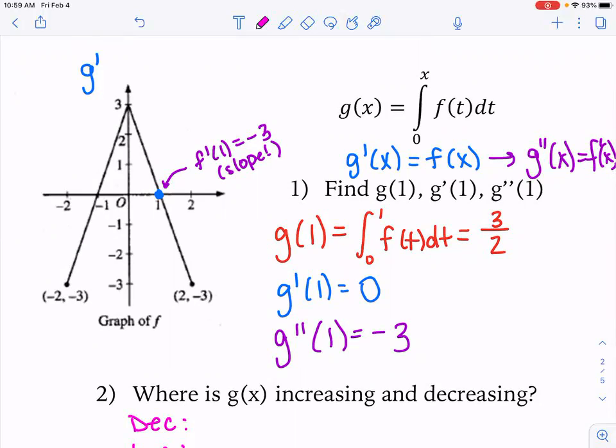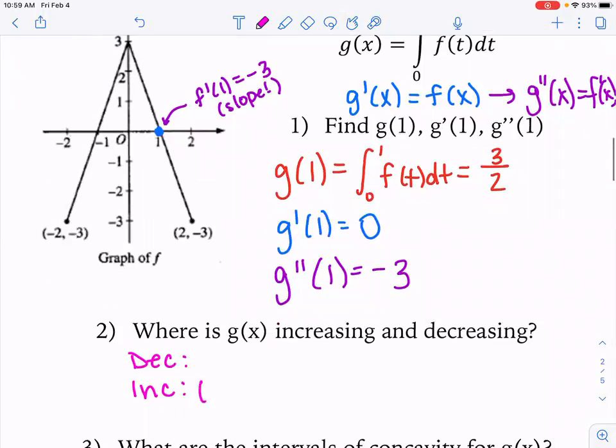So where is our derivative graph positive? From -1 to 1. And so that's where function g would be increasing. Okay. From -2 to -1 and from 1 to 2, our derivative graph is negative. Therefore, our function would be decreasing. Oh man, unit 3 coming back for us.